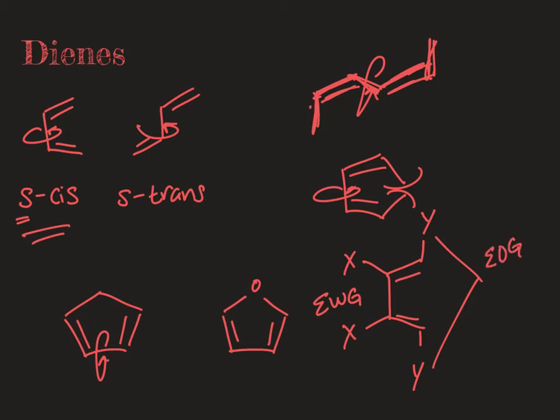And much like with the dienophile, we had to have electron withdrawing so that resonance pulled the electron density out and gave us a better electrophile. Here, you could do the same thing. If it's in that X position, electron withdrawing will put your electrons in the right spot for the pericyclic reaction. If it's out on those Y positions, again, resonance would put the electrons in a good spot for the pericyclic reaction.